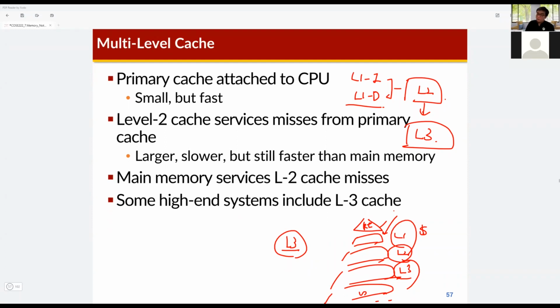So usually the L1 cache size is also small. But if the L1 cache is directly connected to the DRAM, the main memory, what's the problem? DRAM is very slow. And because the L1 cache is very small, the miss rate of this L1 cache may be high.